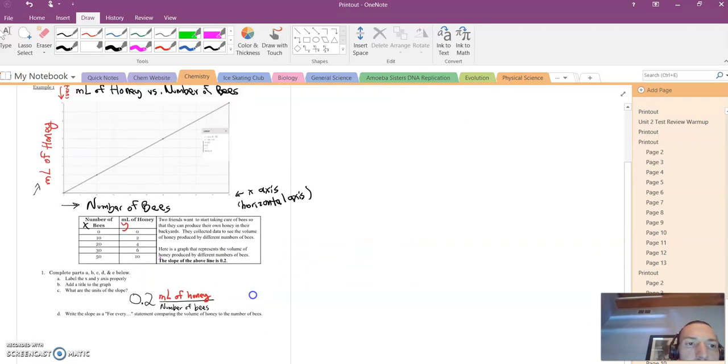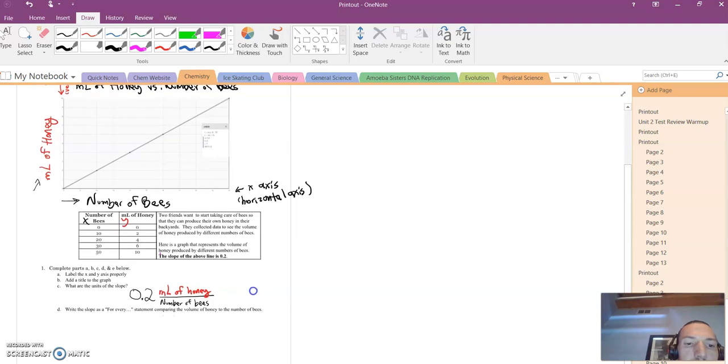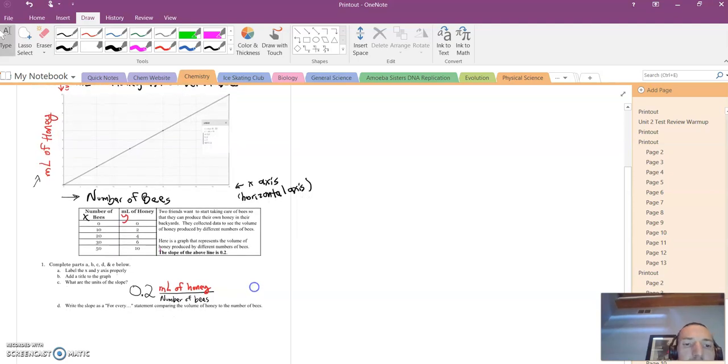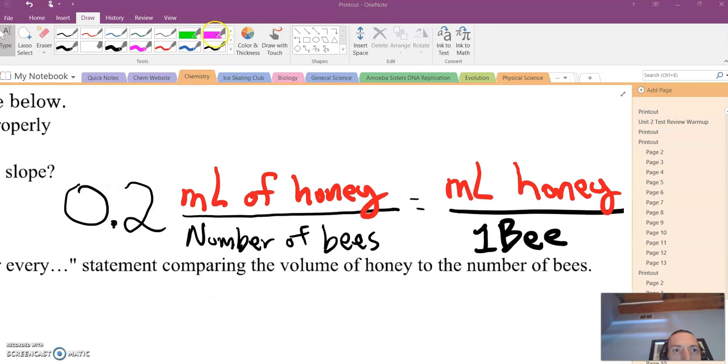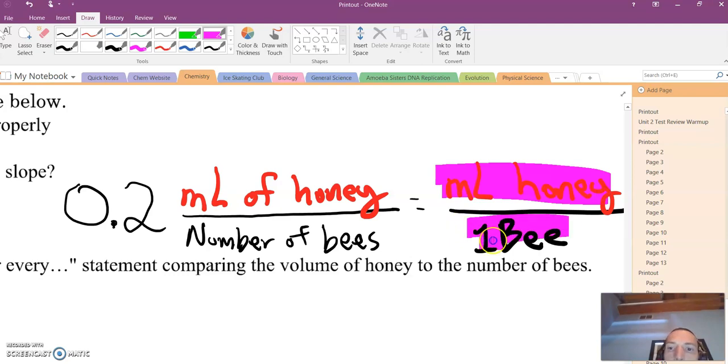Again, y divided by x, y over x. Now, what we do to make it even simpler is whatever is on the bottom, whatever's on the x-axis, we say milliliter of honey over 1 bee, or you can just say milliliter of honey over B. That's pretty much the same as saying milliliter honey over 1 bee.